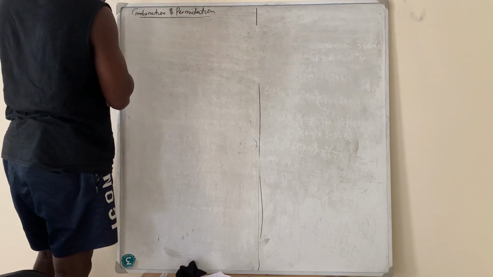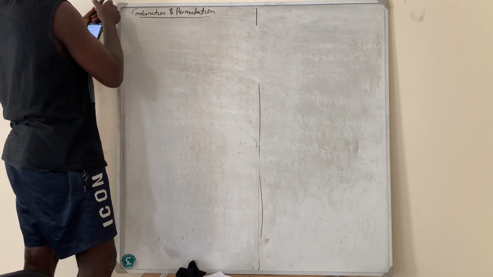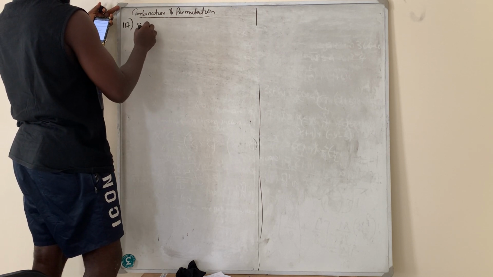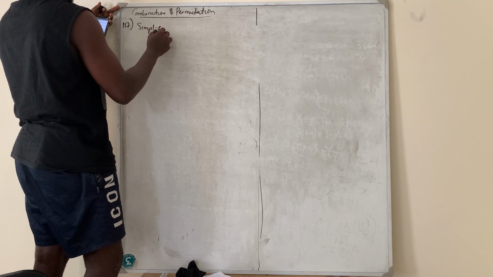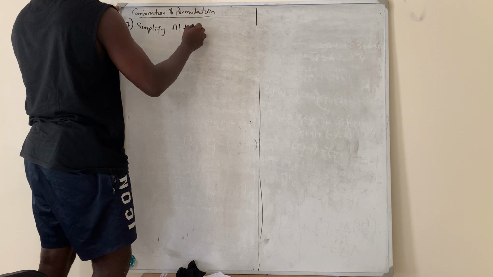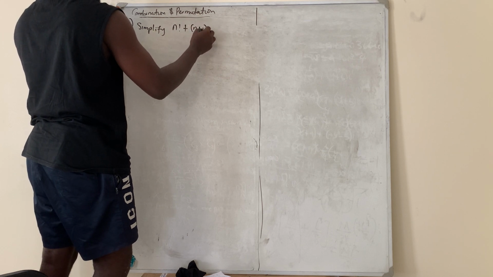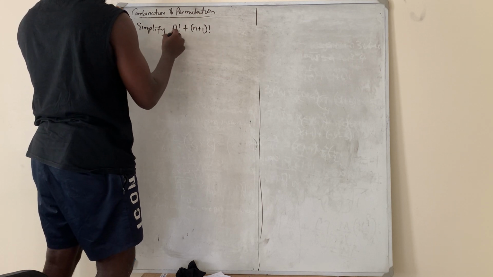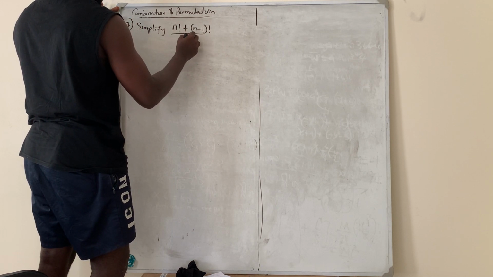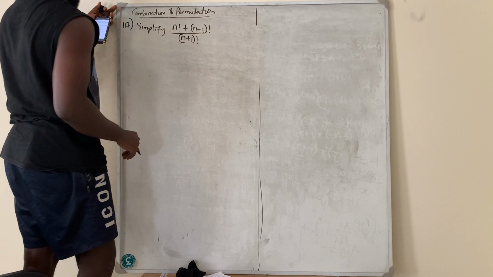So the next question here is question number 117. We said simplify n factorial plus n minus 1 factorial, all over n plus 1 factorial.